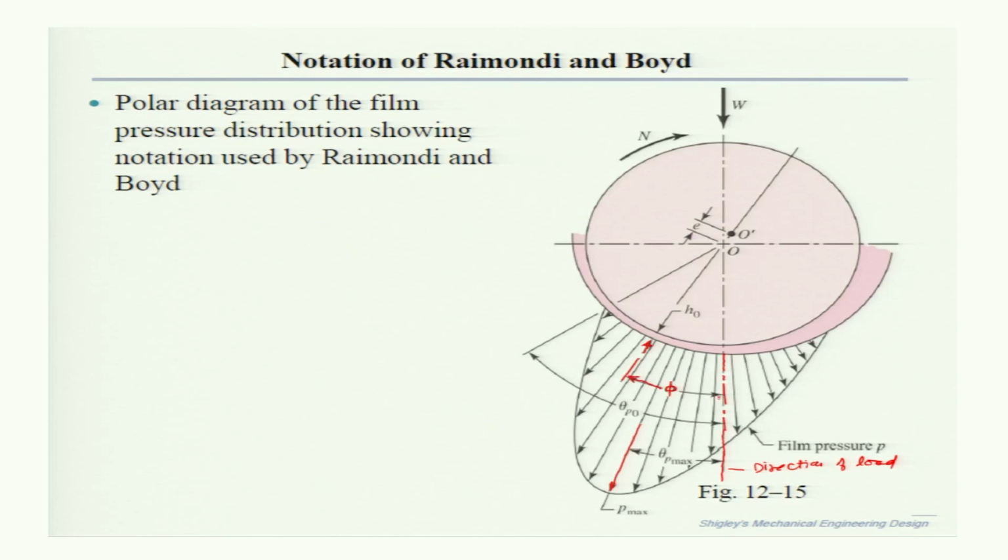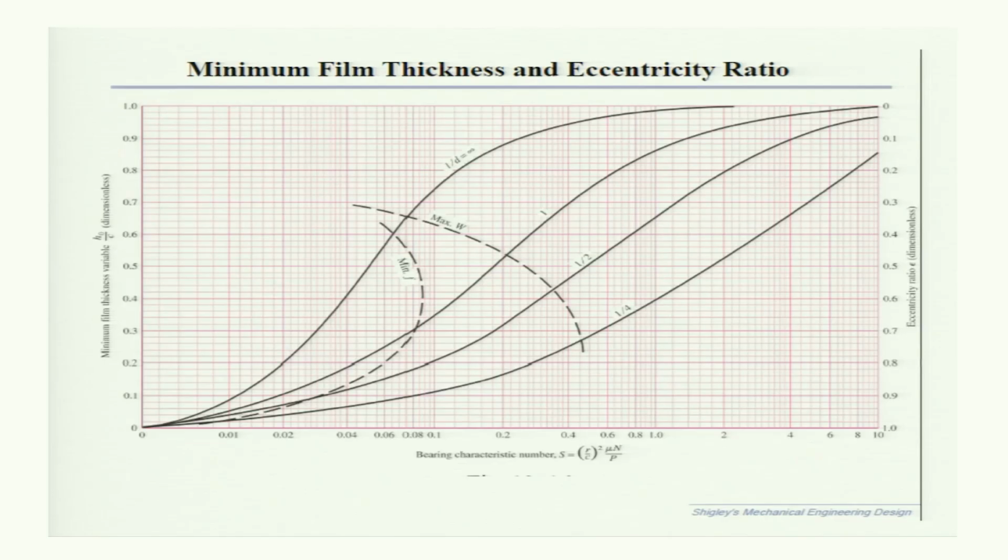Then from the direction of radial load, the location of zero pressure is also found, which is given as theta p0. This is your theta p maximum. So these are the notations which will be used in the charts presented by Raimondi and Boyd.